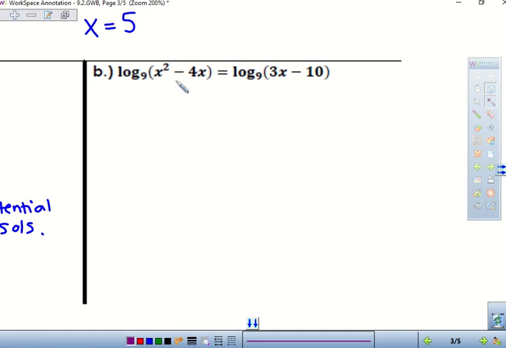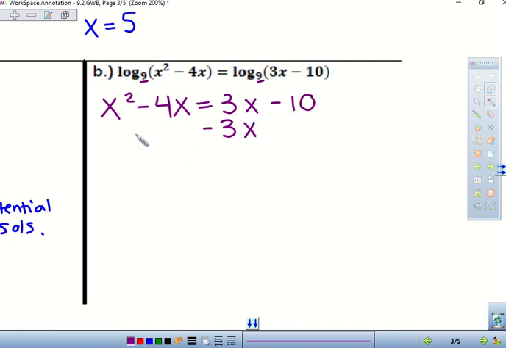First thing we want to do is verify that the base is the same. Once we know the base is the same, we can set the inside of the logs equal to each other. And then we can just bring everything to one side of the equation.